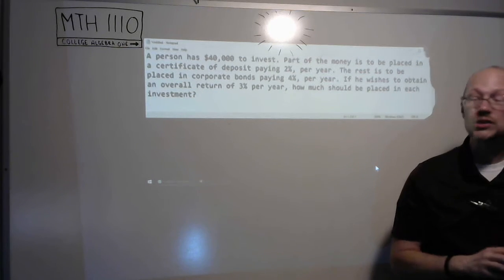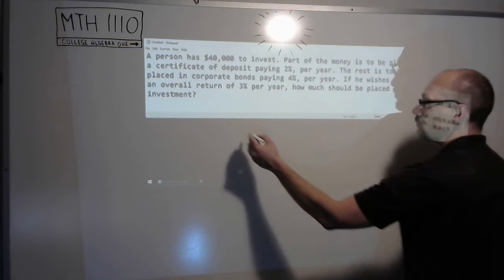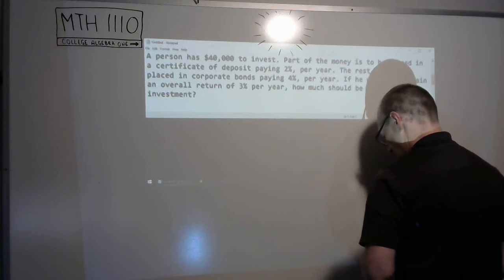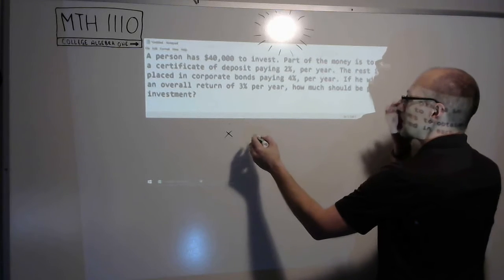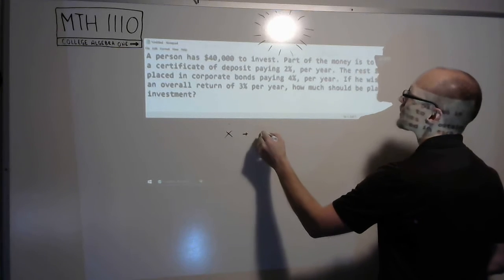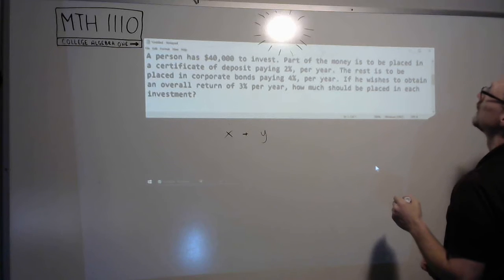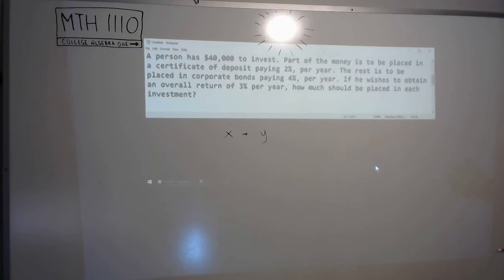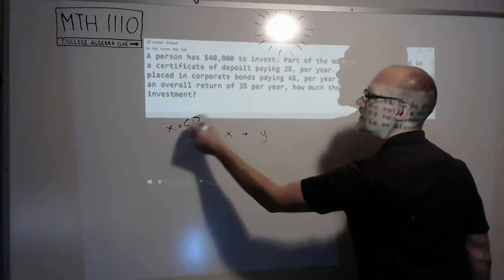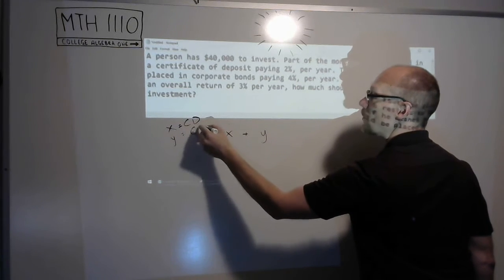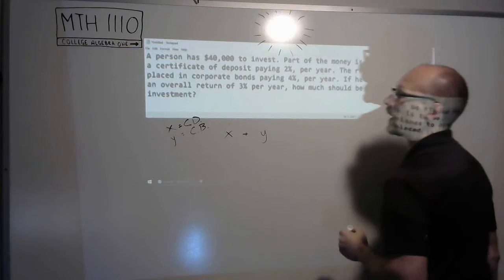So I guess the question then is this. If we know, wrong color, if we know that the total amount of investment in the CD plus the total amount of money in corporate bonds, I guess we'll call X the CD, Y the corporate bonds.